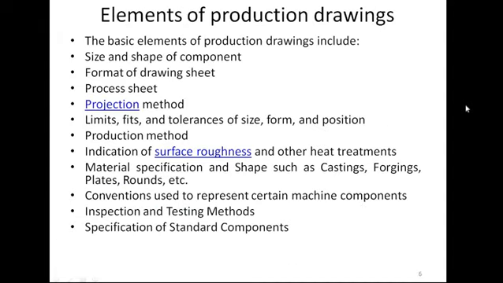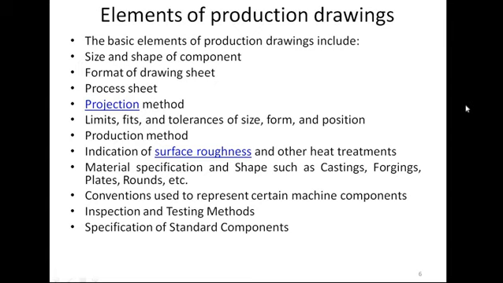Then we discussed the elements of production drawing. There are many kinds of elements, like process sheet, size and shape of component, material specification, bill of material, and inspection and testing methods.